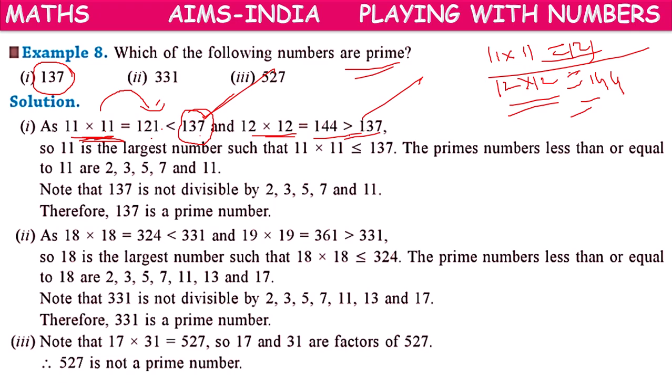So we can take 11. 11 is the largest number such that 11 into 11 is less than or equal to 137.